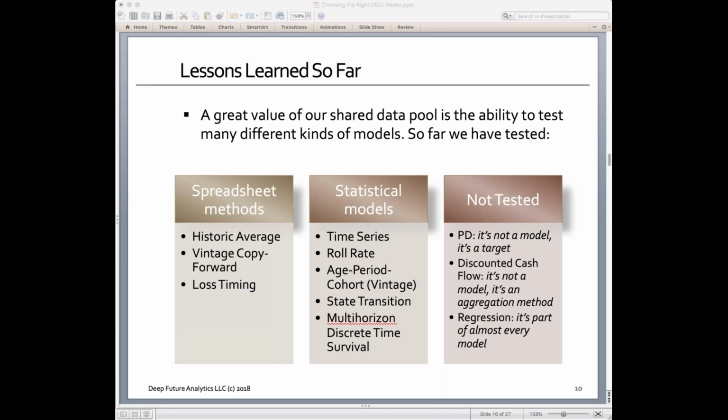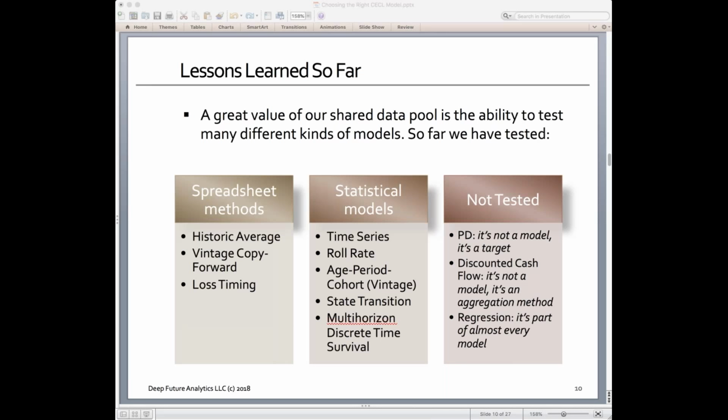Not tested on here. This goes back to what FASB lists on the list of types of model that you can use, PD models. Well, PD is not a model. PD is a thing to model. I can make a time series model of PD. I can make a vintage model of PD. I can make a survival model of PD. PD is a variable, not a model.